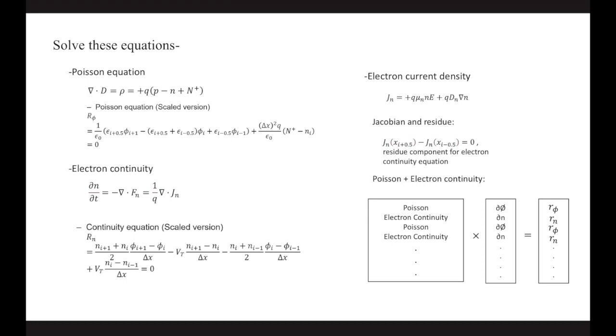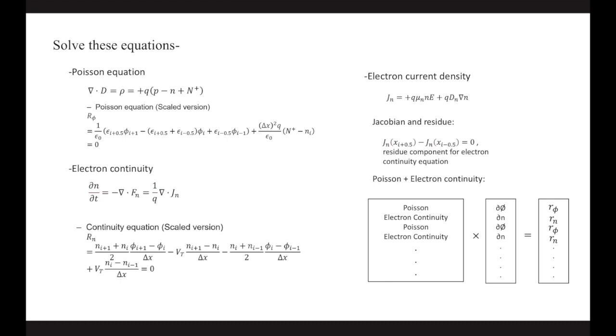So if we want to know the electron density, we have to solve an additional equation for electron density by using the electron continuity equation. So now we need two different equations, one for Poisson and the other for electron density, that is the continuity equation. So these two equations will be the basis for our analysis.